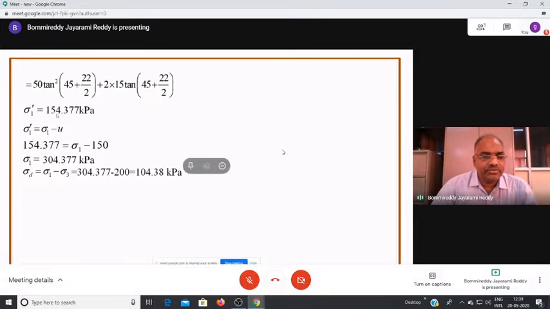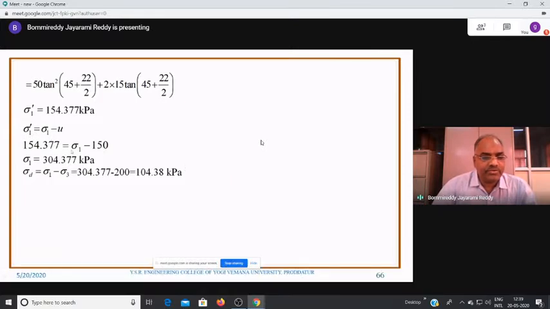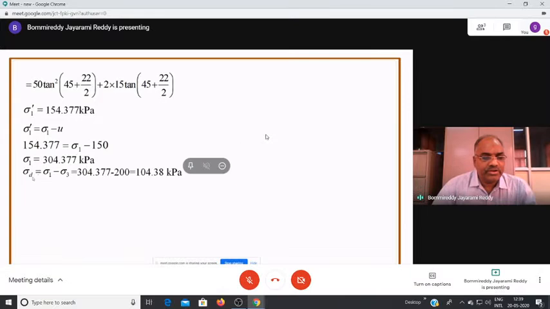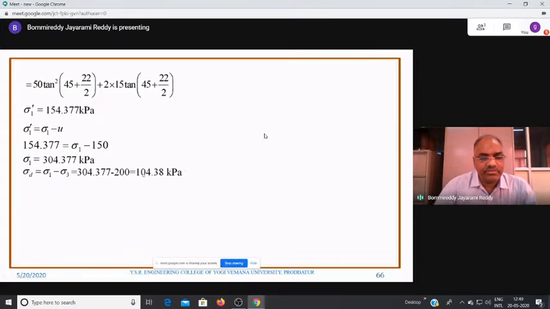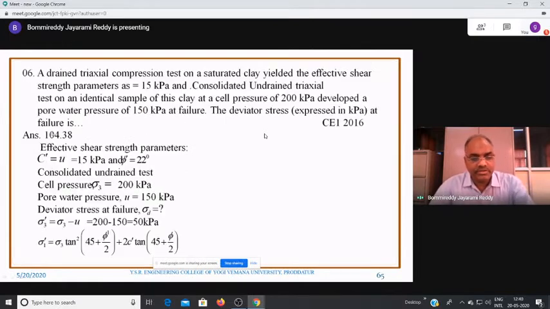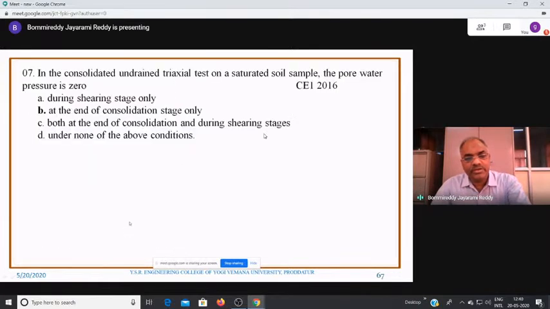Once sigma 1 dashed is known, you can find sigma 1, and accordingly the deviator stress will be sigma 1 minus sigma 3. You will get 104. So it's a routine process of using the standard equation. If you remember this formula, only substitution is needed to get the final answer.